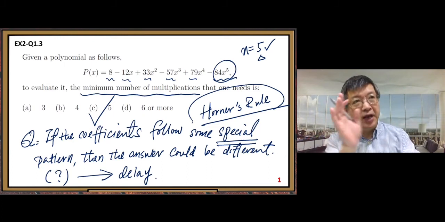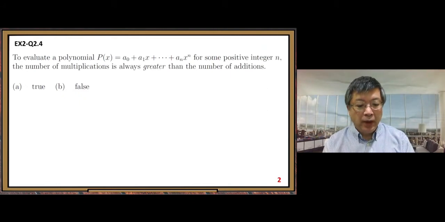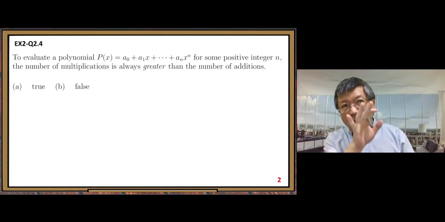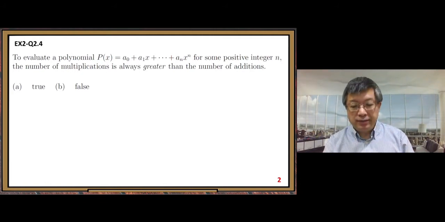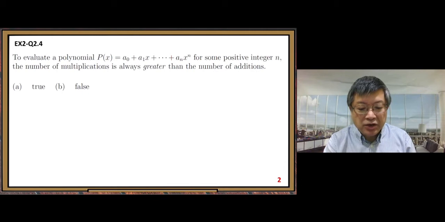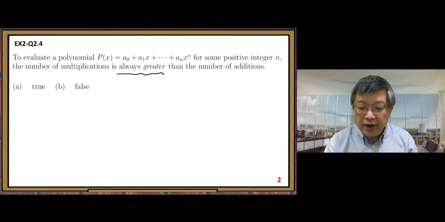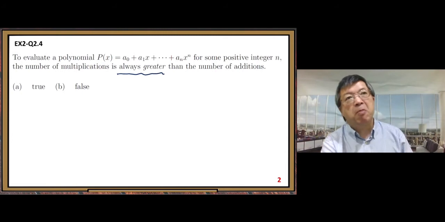The second example. To evaluate a polynomial, general case. The format is a general format. For some positive integer n, the number of multiplications is always greater than the number of additions.